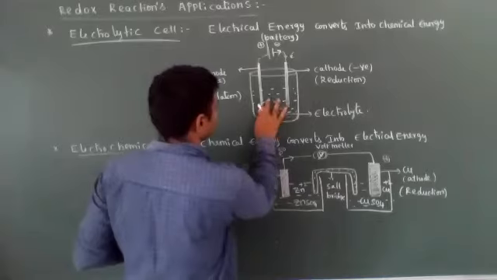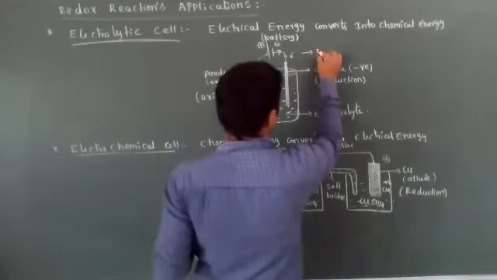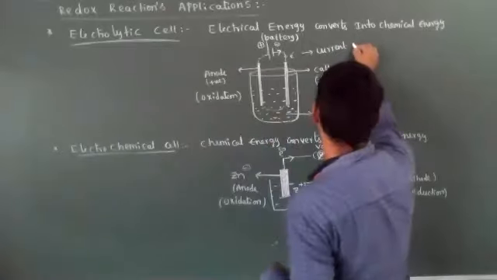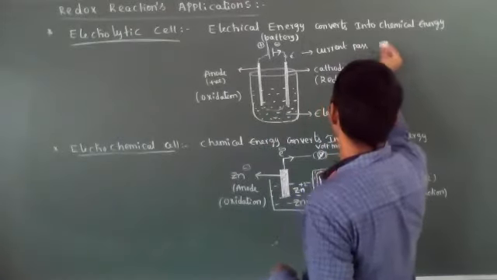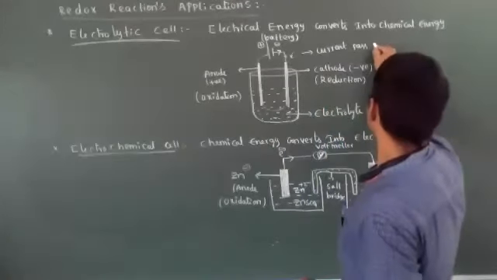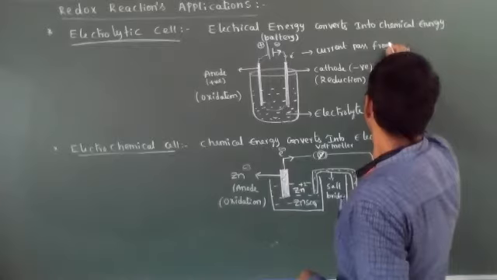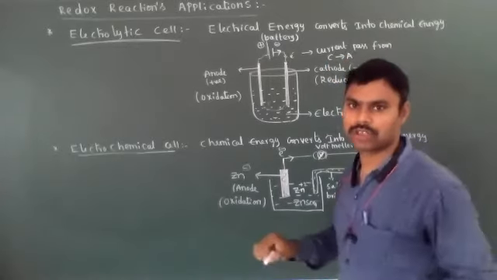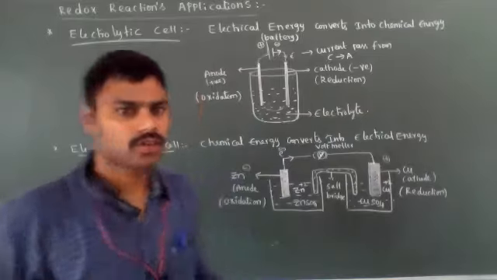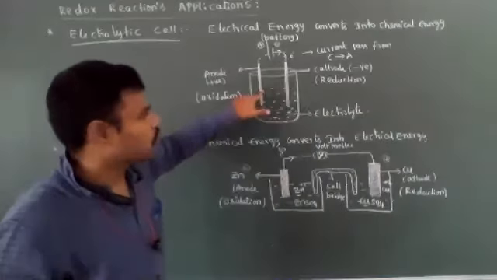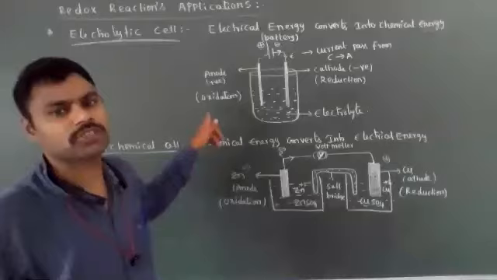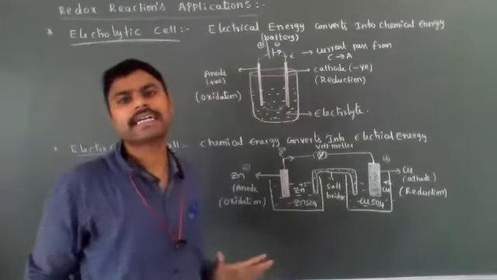The current passes from cathode to anode side. So two electrodes, what are their names? Anode and cathode. Anode is the positive electrode and cathode is the negative electrode.